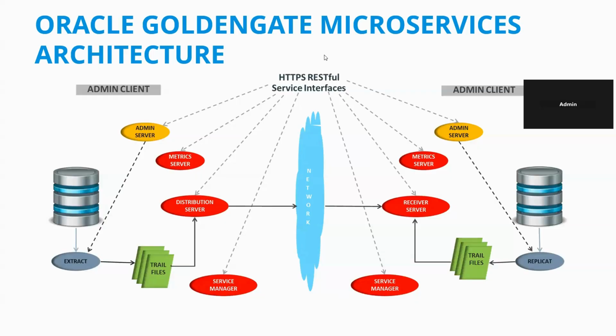There is one question from Mohit: for on-prem to OCI cloud migration, which one will be preferred, Classic 21c or Microservices Architecture 23ai? As I mentioned, if 23ai is supported, go with 23ai. And there is a question: what about data types which are not supported, like in 19c, on GoldenGate 23c?